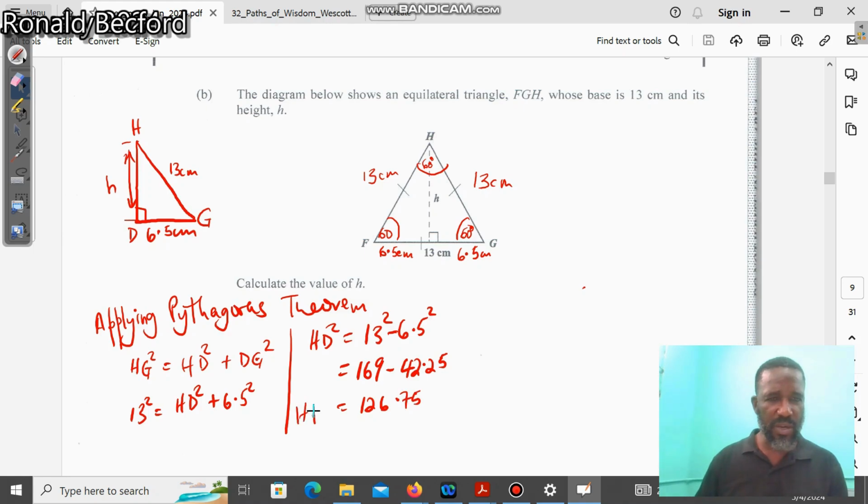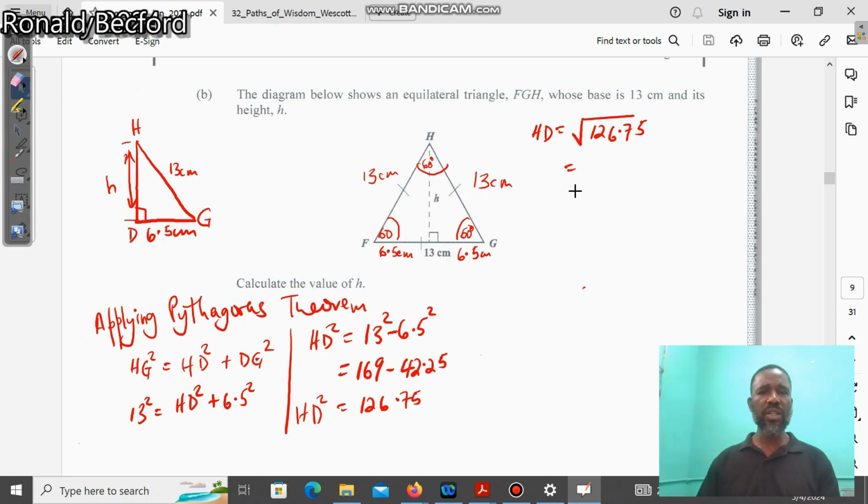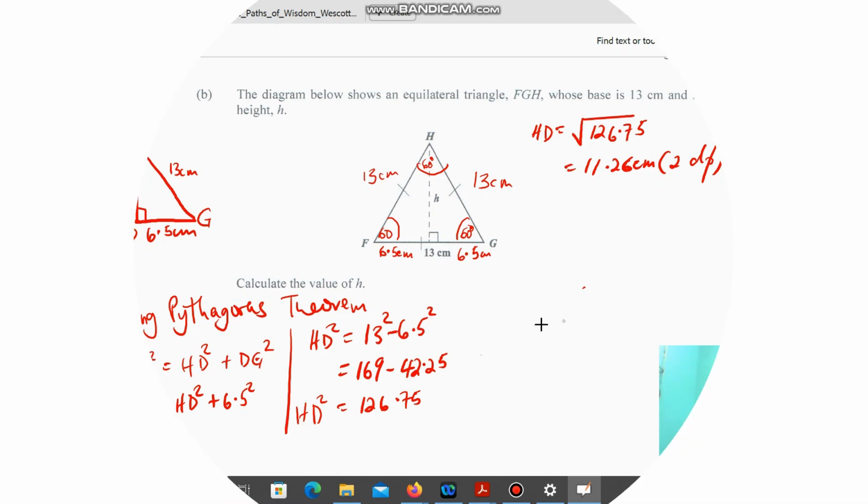So HD squared, which is equal to h squared, is equal to 126.75, and therefore HD is equal to the square root of 126.75, and that is equal to 11.26 centimeters, rounded off to 2 decimal places. And that's how we would have gone about solving that question.